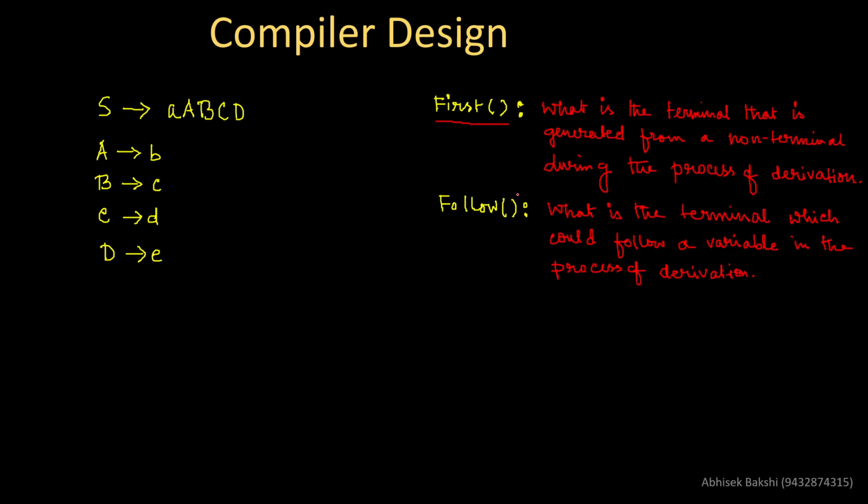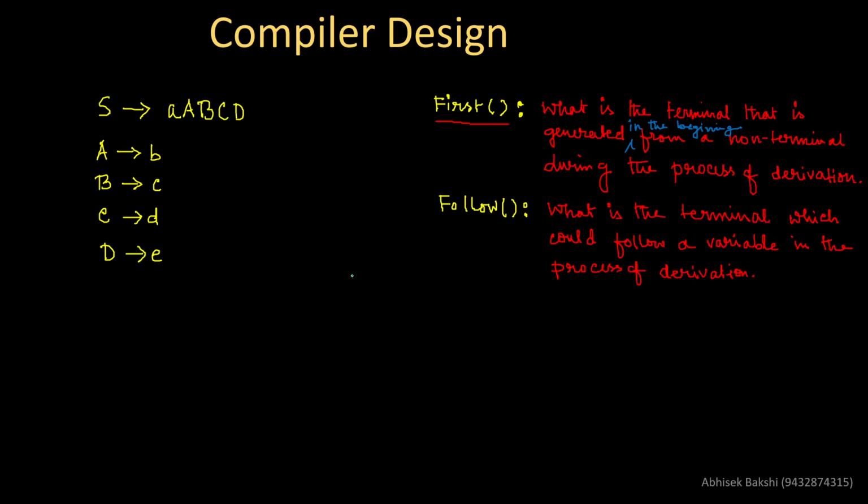Even I should write one more thing here, that it is not only generated, but generated in the beginning at the process of derivation. Now what does it mean? It means that if I derive this particular start symbol, what is the string it can generate?